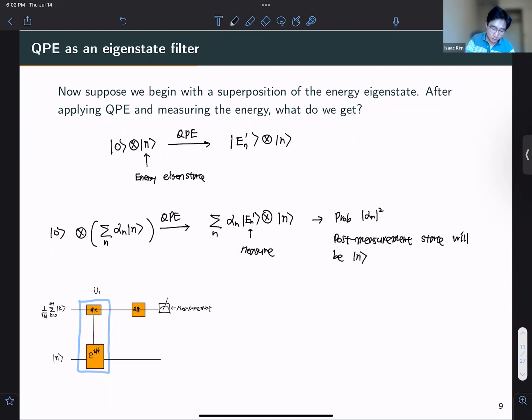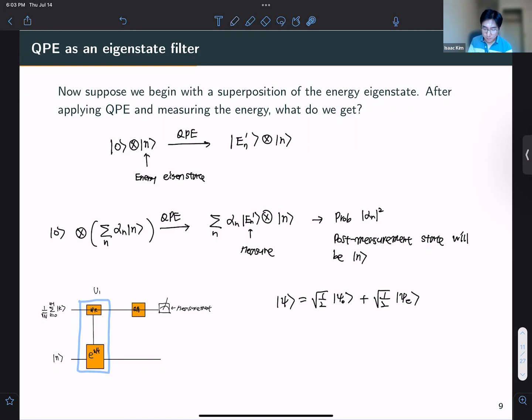Let's say you have some quantum state psi, which has an overlap of 1 over square root of 2 with the ground state, and 1 over square root of 2 with some excited state that we do not care about.